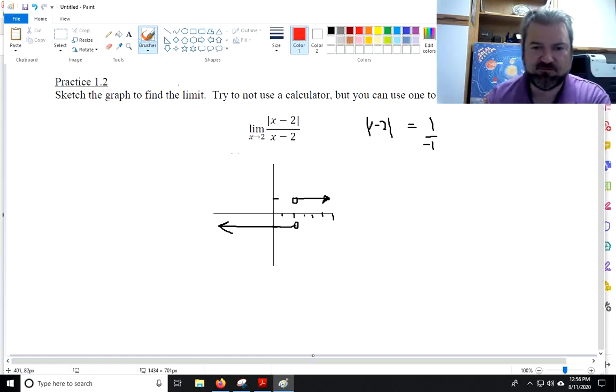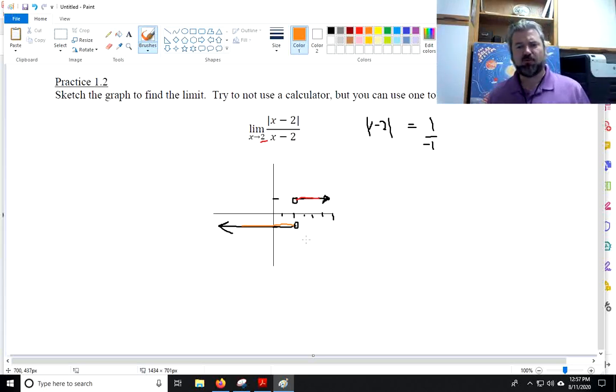So let's evaluate this limit. As I approach from the right-hand side, as I approach 2, remember we're approaching this 2 value on x, it seems like this branch is going towards 1. But when I approach 2 from the bottom, this branch is approaching negative 1.